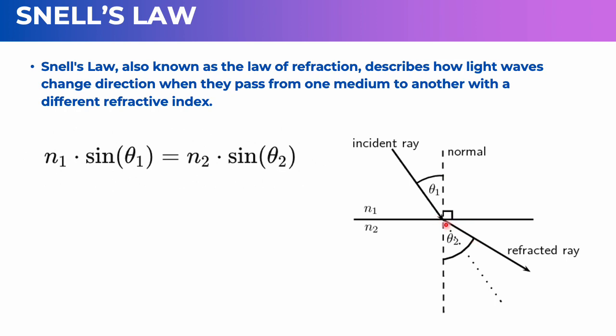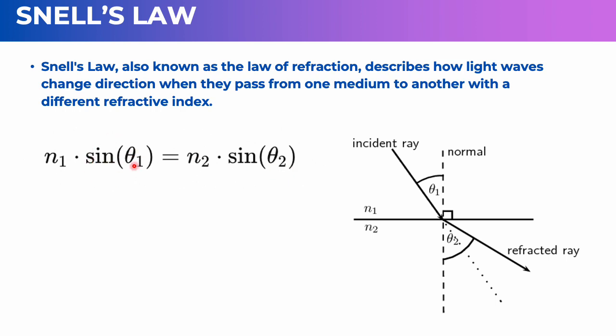Beyond that, if we still increase the angle, then the ray would never get refracted. Essentially, it would just reflect back into its original medium. So when the angle goes beyond the critical angle, the ray would reflect back, and this phenomenon is called total internal reflection. So our sine theta 2 would be equal to 1.